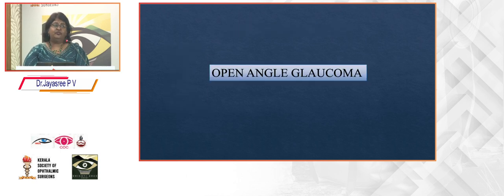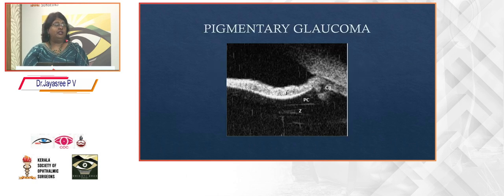So what is the role of UBM in open angle glaucoma? Even if I have told mostly about secondary angle closure, UBM is useful predominantly in pigmentary glaucoma. We know that pigmentary glaucoma has reverse pupillary block. Because of this posterior bowing, these zonules can be clearly seen in UBM.